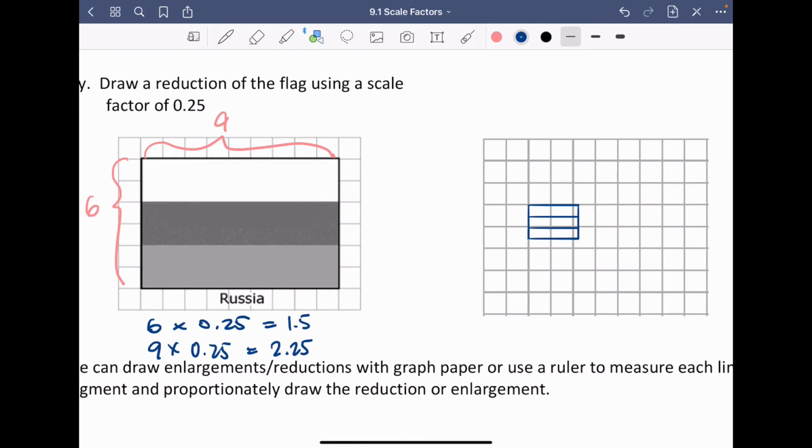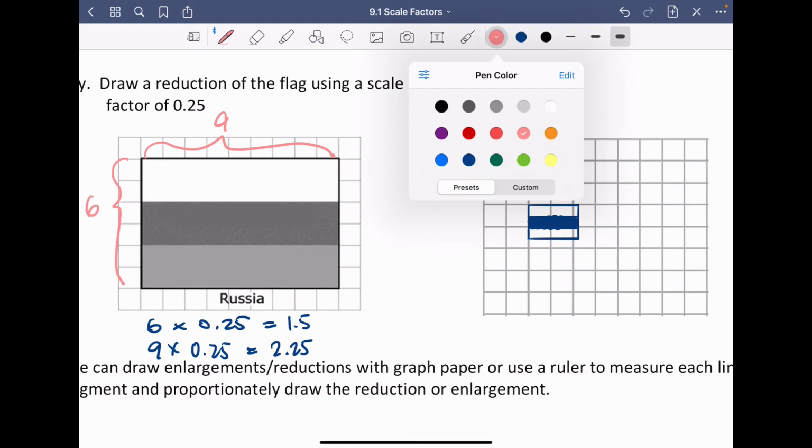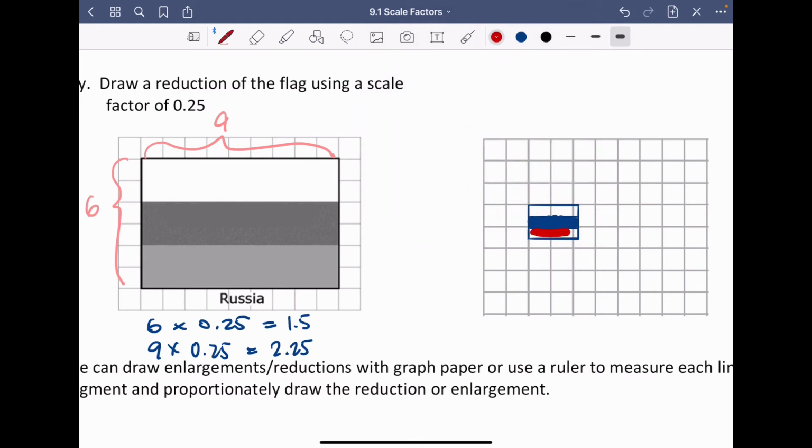Okay, and if you want to color it white, blue, and red, there we go. Okay.